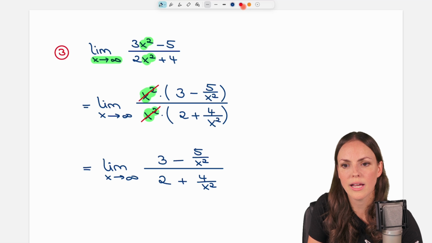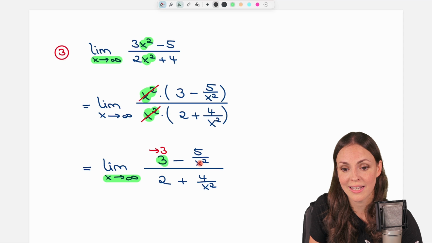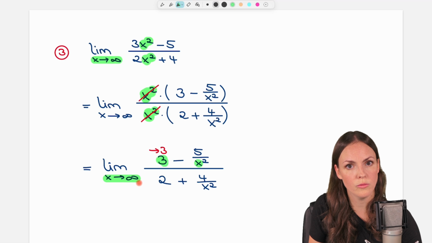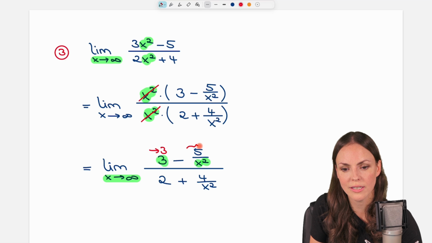And let's see what happens now as x approaches infinity. The 3 doesn't change. It will still approach 3. Here, this fraction, x approaches infinity. X squared approaches infinity. So for this fraction here, we have 5 over infinity, which will approach 0 in total.